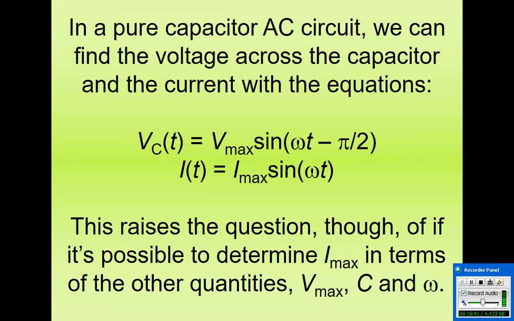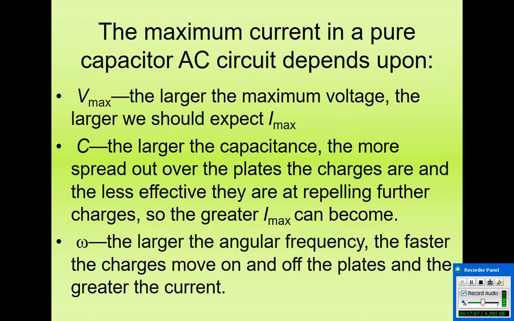Is there something similar to Ohm's law? Well, since I'm raising the question, you can probably figure that the answer is yes. But not only do we need the maximum voltage, we also need the capacitance, capital C, and the angular frequency, omega. Now, what is going to be this relationship that allows us to figure out what happens with the maximum current based on these other quantities?